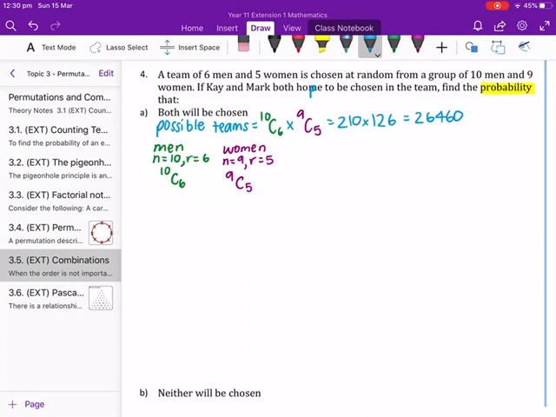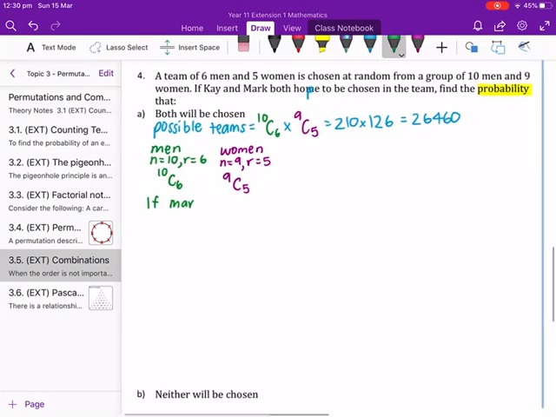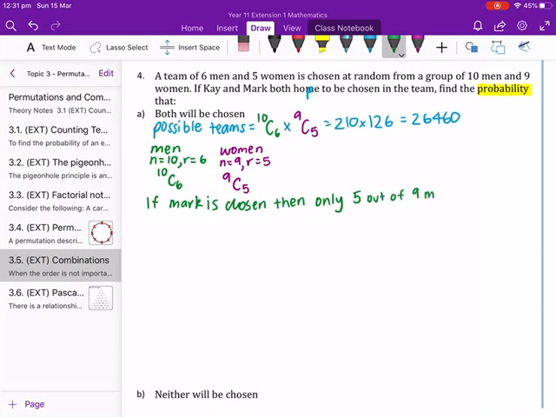So we need to work out how Mark can be chosen. So if Mark is chosen, then only 5 out of 9 men can also be chosen.